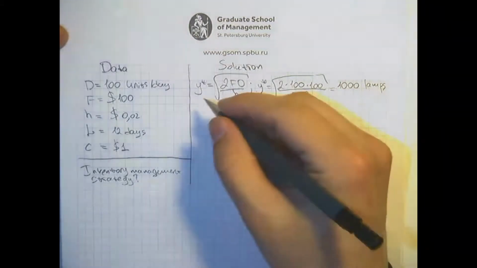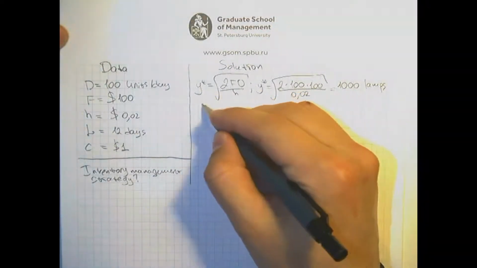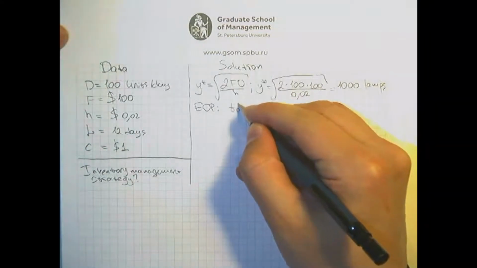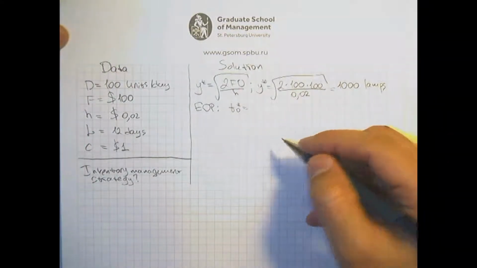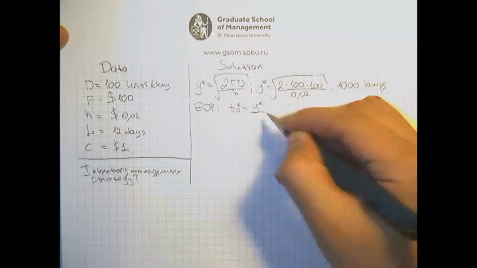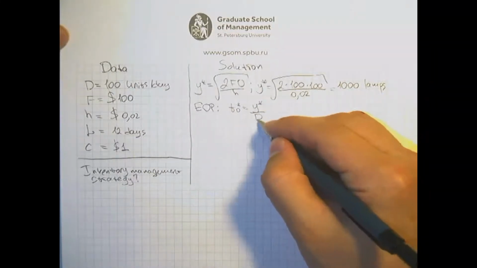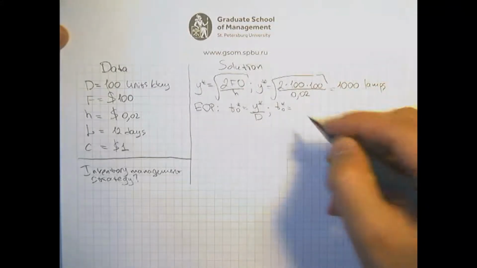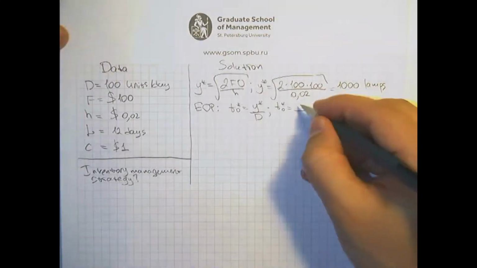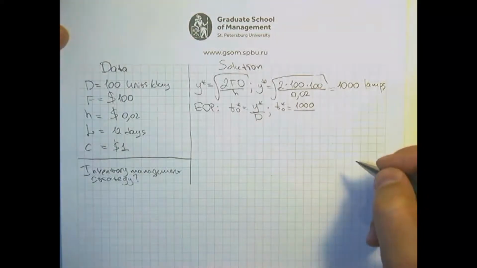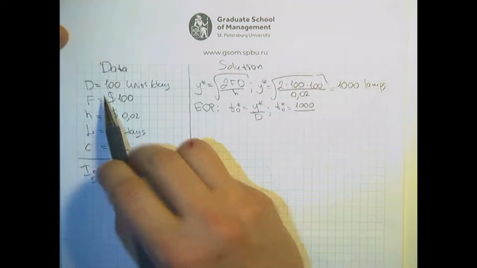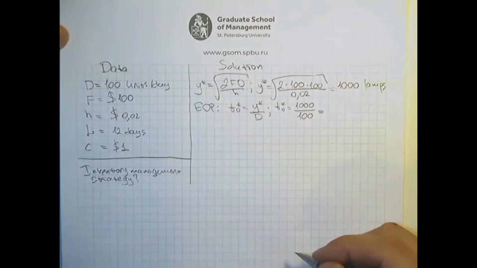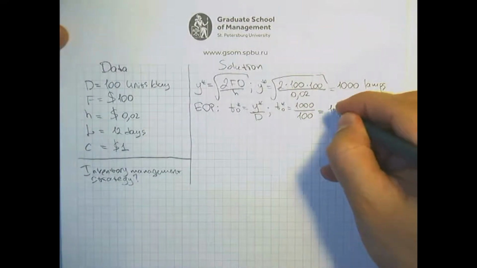Let's consider the economic order period. To find the economic order period, we may use the formula economic order quantity over D. According to this formula, the economic order quantity is 1000 lamps, and D is 100 lamps per day, so the economic order period is 10 days.